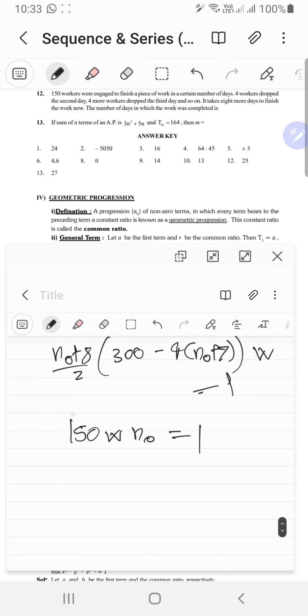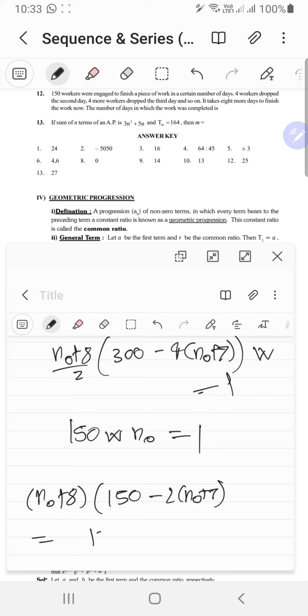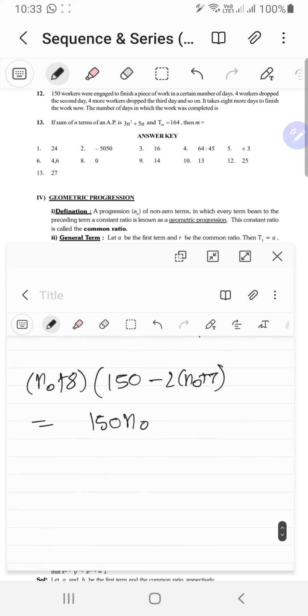Cool. So dividing these two, n naught plus 8 into, we'll just write this thing as 150 minus 2 into n naught plus 7, that's better. And this thing, we'll just write this is equal to 150 n naught, there you go.